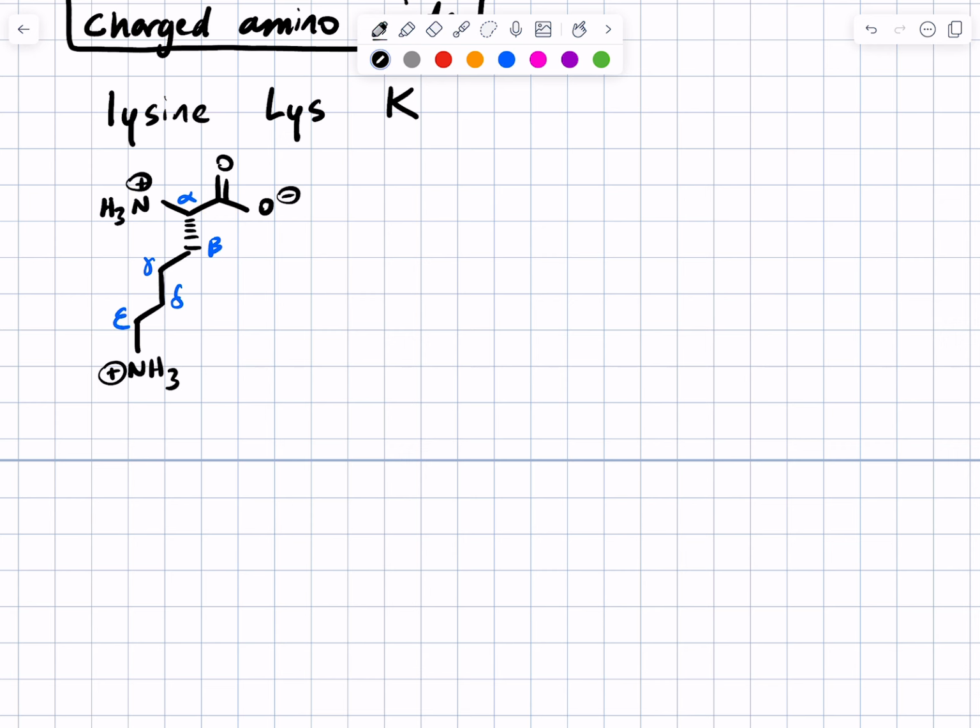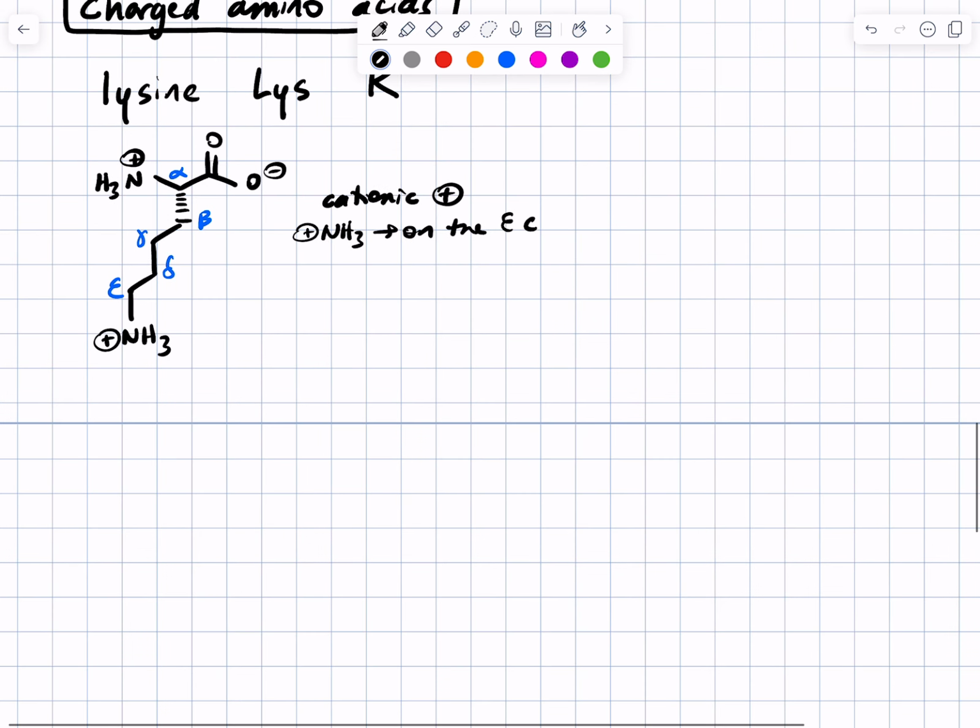Delta, epsilon. So lysine is cationic. That means it has a positive charge. And the positively charged NH3 is on the epsilon carbon. That's the Greek letter epsilon. It looks like a curly E.